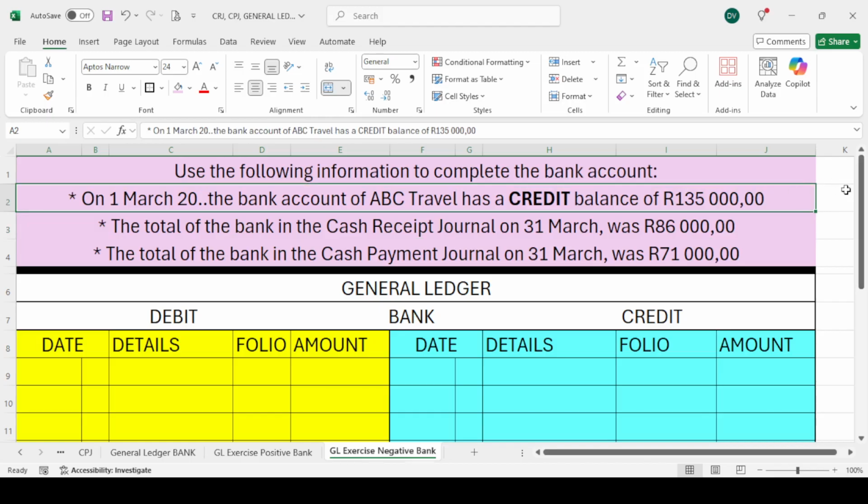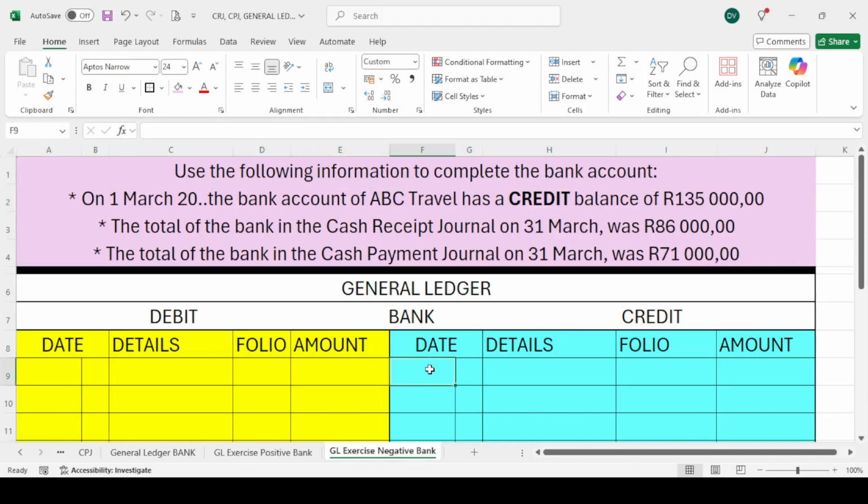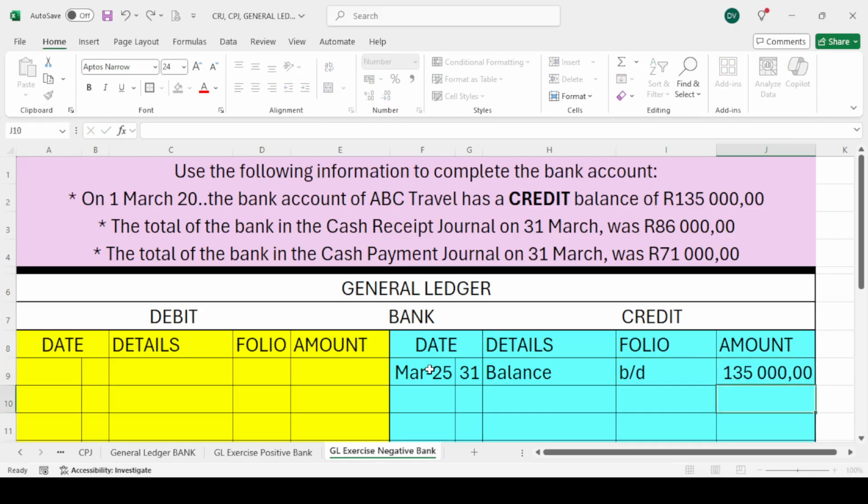So let's see, what does this look like? March 2025, on the 31st, I had a balance that was brought down of 135,000 Rand. Okay. I'm going to insert my cash receipt journal bank total like I would usually do.